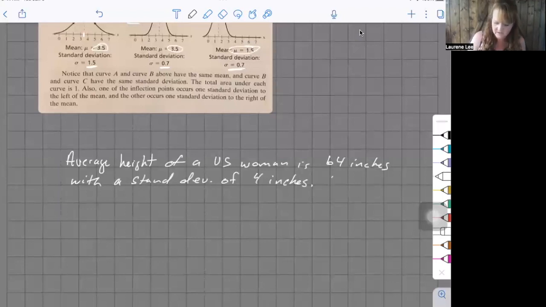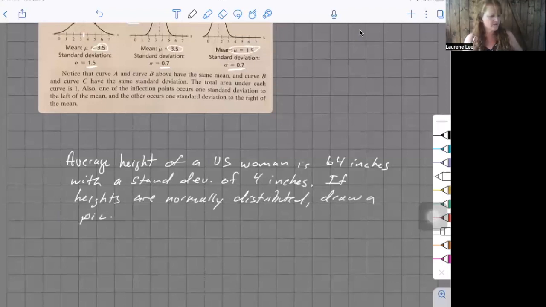If heights are normally distributed, draw a picture.